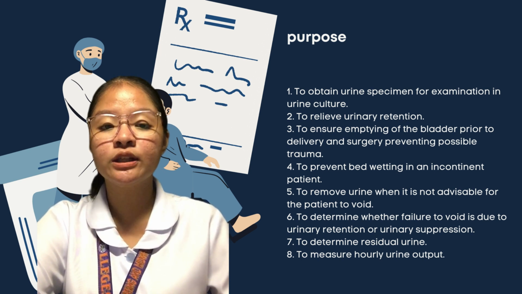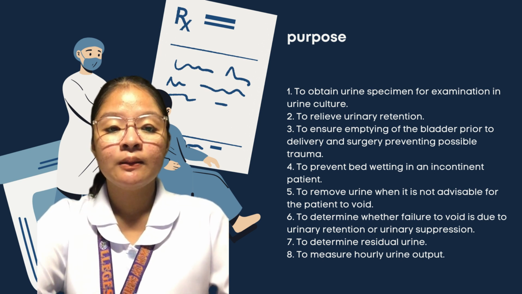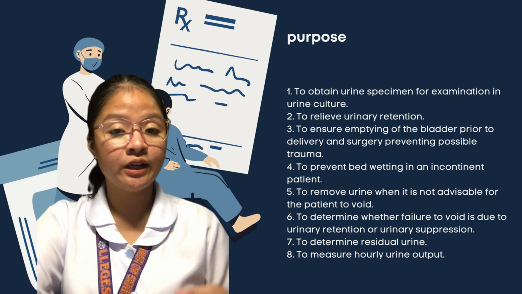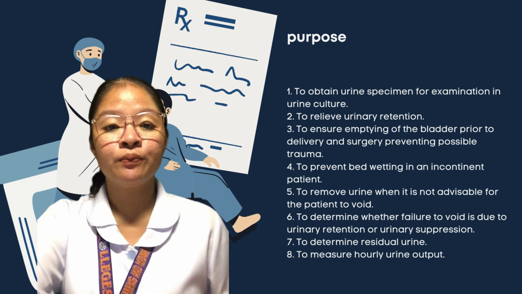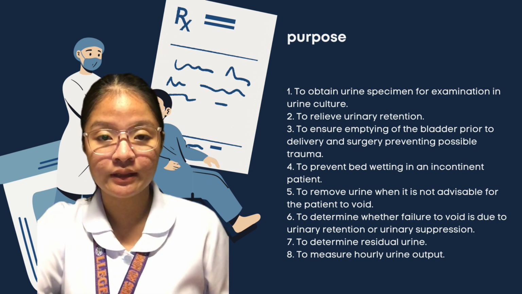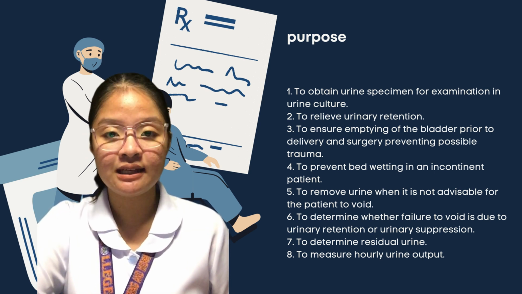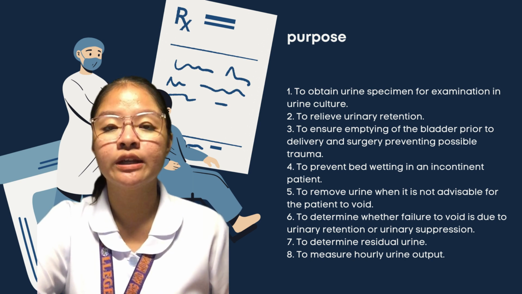Next is to determine whether the failure to void was due to urinary retention or urinary suppression. Next is to determine the residual urine, and lastly is to measure the hourly urine output.